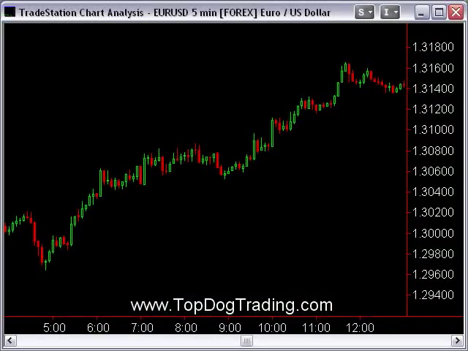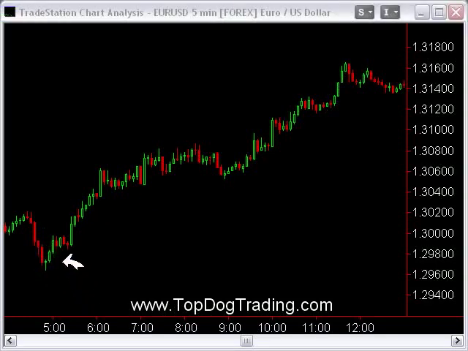Alright, so let's pull up a chart, and so we've got our Euro US dollar 5-minute chart here. And now, where are the cycle highs and lows? Well, of course, it's great in hindsight to mark this, but just eyeballing it, you could say, well, maybe that's a cycle low, that's a cycle high, cycle low, cycle high.